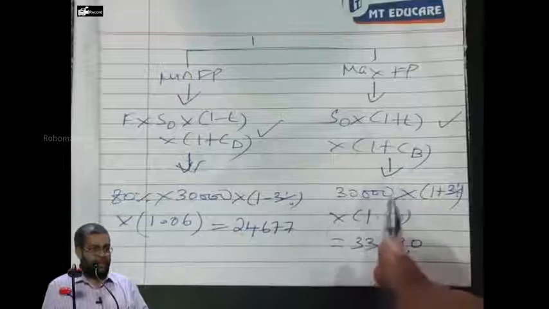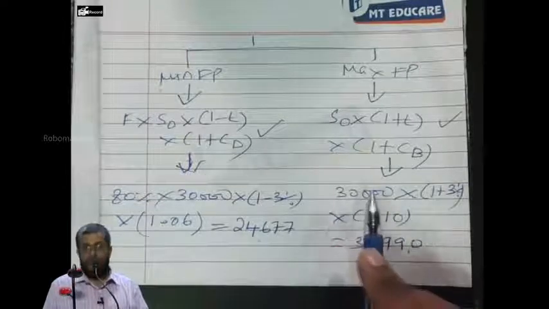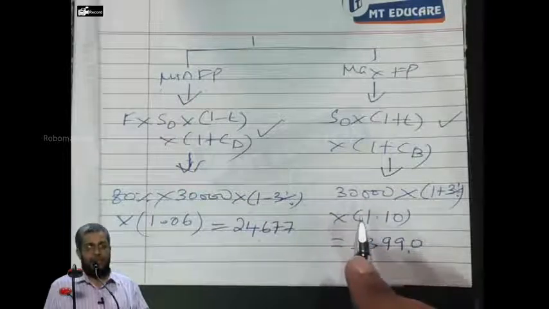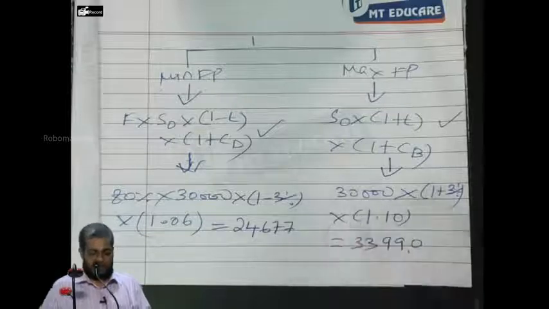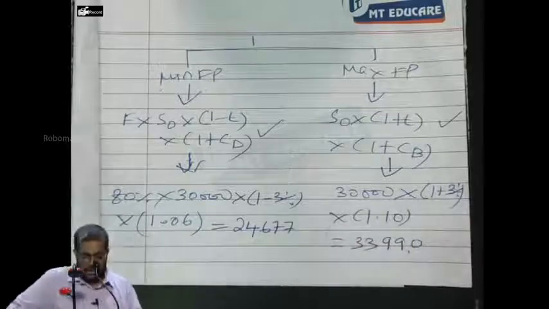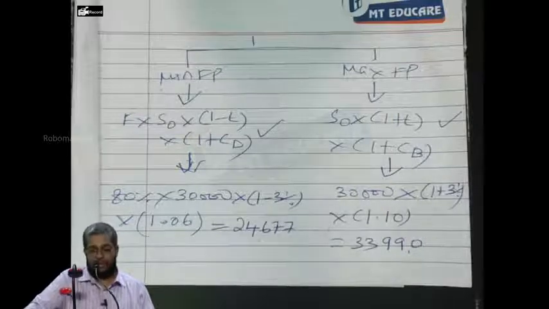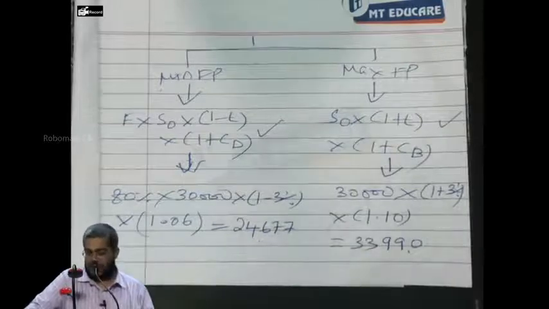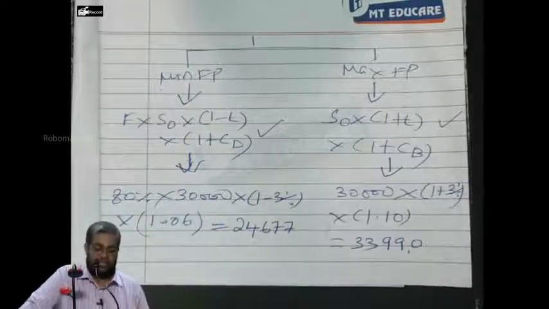We pay, how much we pay? 30,000 into 1 plus 3% to purchase the gold along with brokerage.